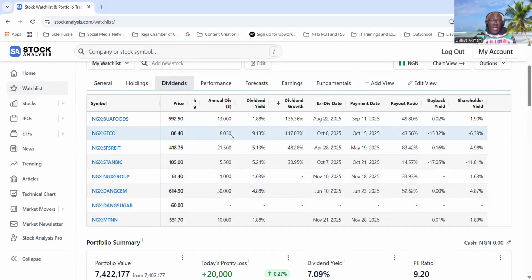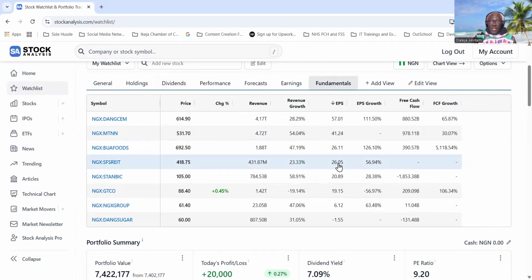So Bitco paid 8 naira and 30 kobo as dividend, compared to its earnings per share of 19 naira 15 kobo.